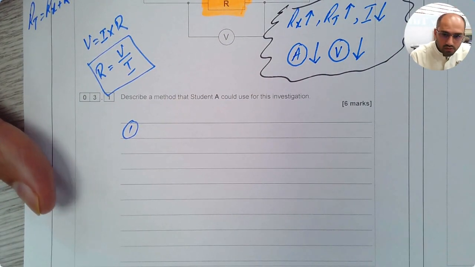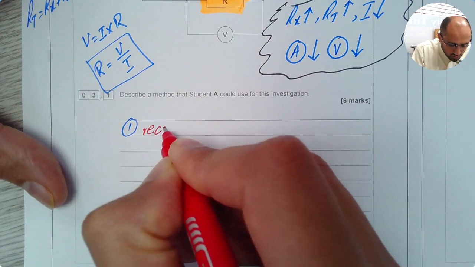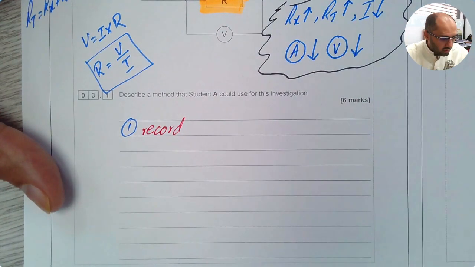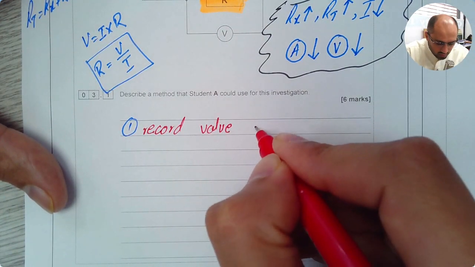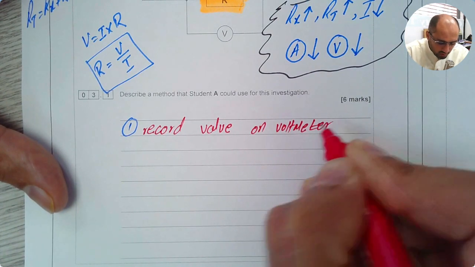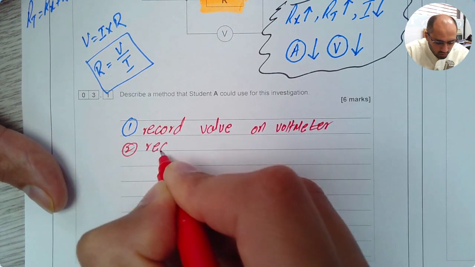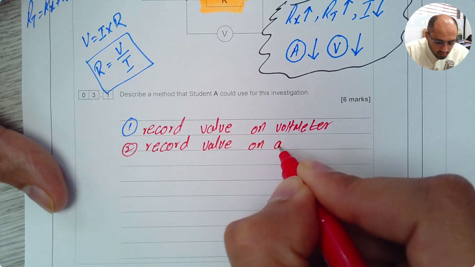So the first thing that I will talk about is, I'm going to say, number 1, record value on voltmeter. Number 2, I'll say record value on ammeter.